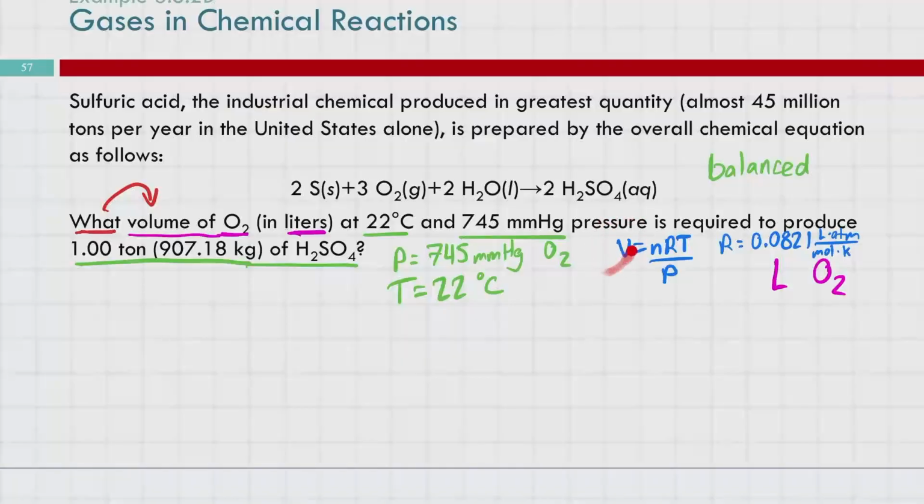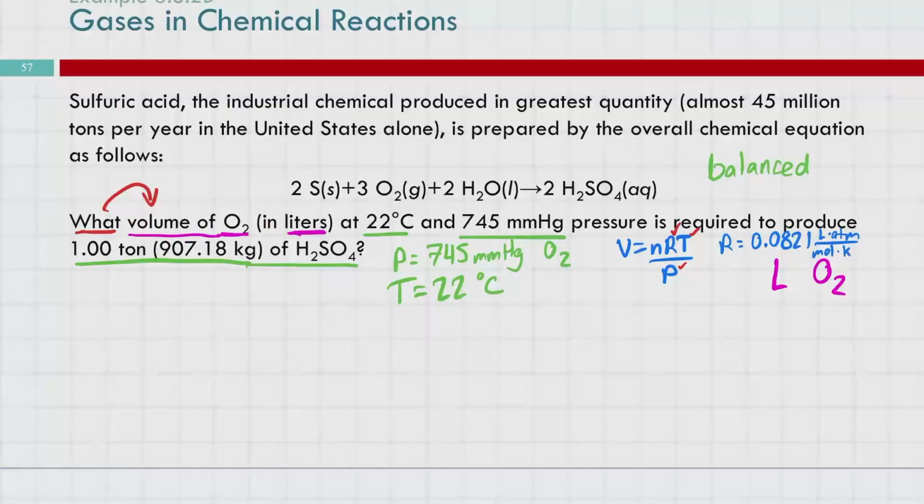So we're looking for volume. We have pressure. Check. We have temperature. Check. We've got R because it's a constant. Check. Do we have n? We do not have n, not for O2.